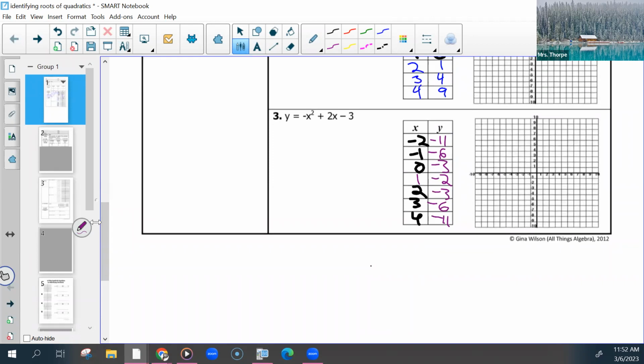Sometimes you'll get numbers on your table that won't fit on your graph. Do the points that will fit. Like this one is -11, this is 10 by 10, so I could probably graph that one.